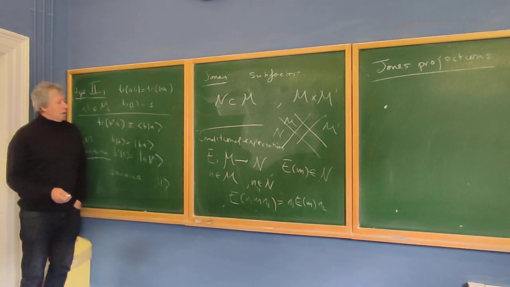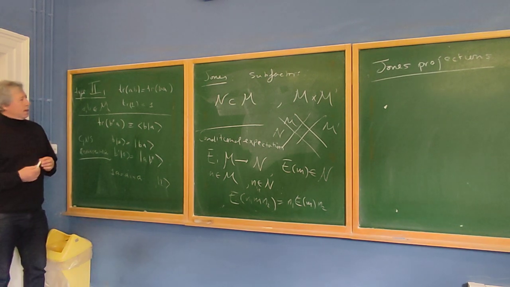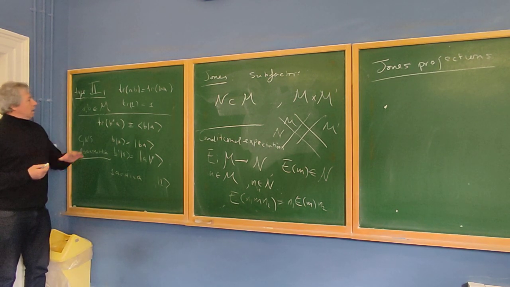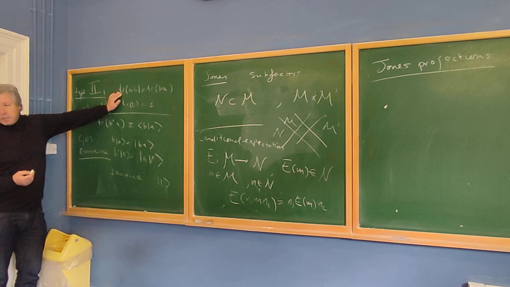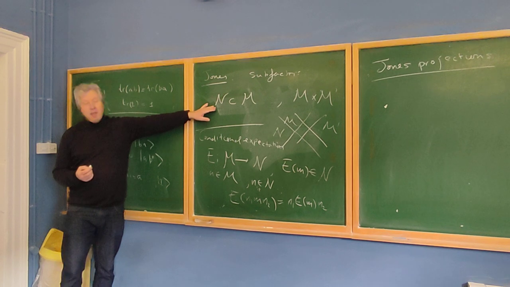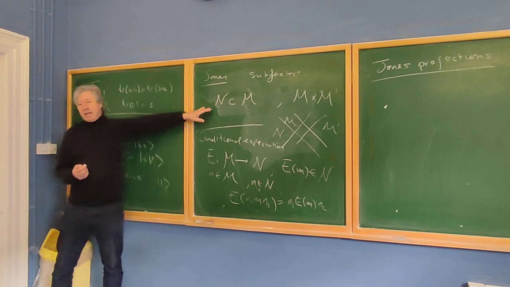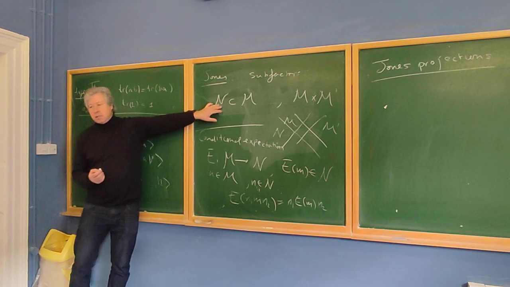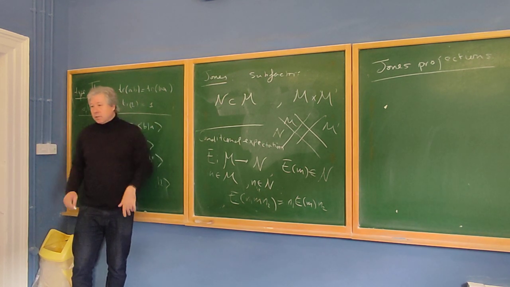But now the idea is going to be that I told you about the existence of a trace for this algebra. There's also going to be a trace for that one, but it's not an identity element, because one way to think about it is that this actually acts on a smaller Hilbert space.